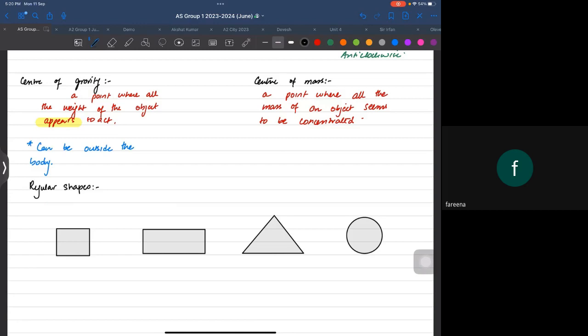So in case of regular shape, you can just simply draw a line of symmetry. Line of symmetry is a line that basically cuts any shape into two equal halves. And wherever the two lines of symmetry meet, that would be the center of gravity, which means from that point, all the weight is acting. Seems like it.